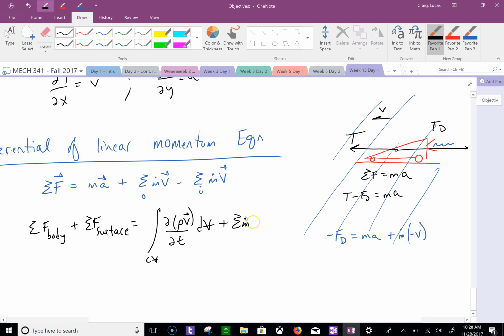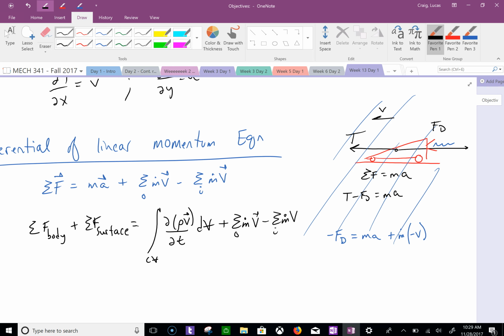I'm going to keep them like this, just like we did mass.